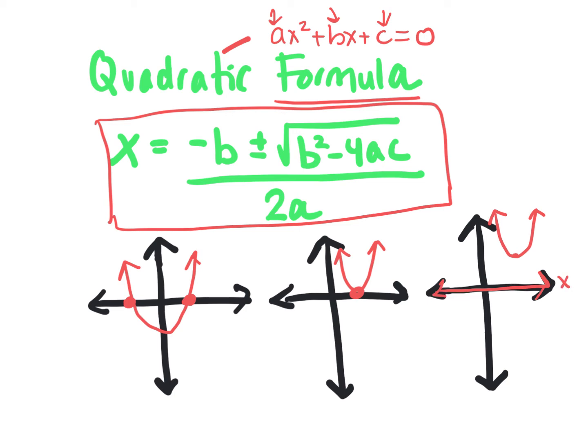So basically, the quadratic formula will tell us exactly what we found out by factoring or square root. So now we have another method to be able to solve a quadratic equation.